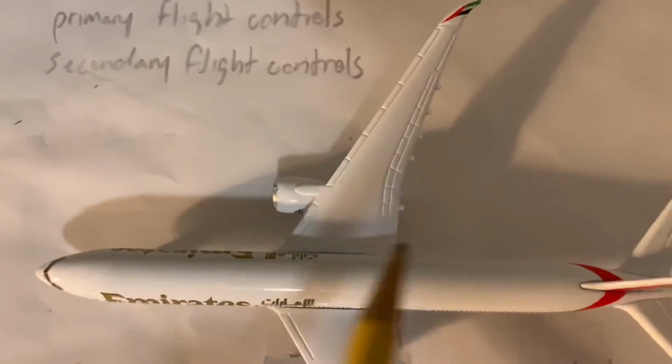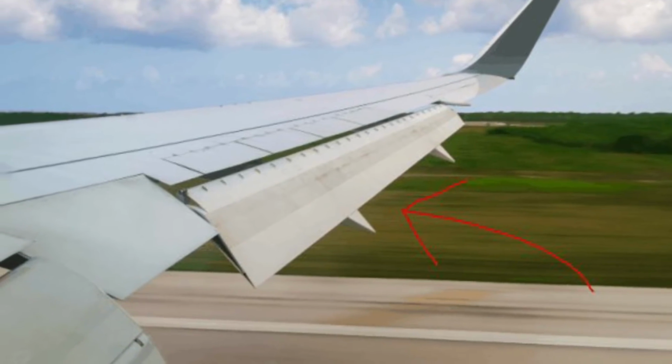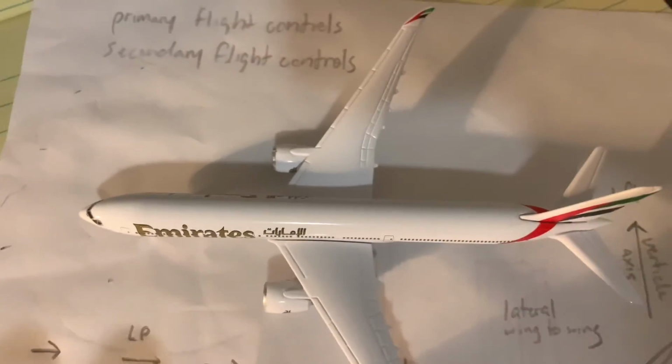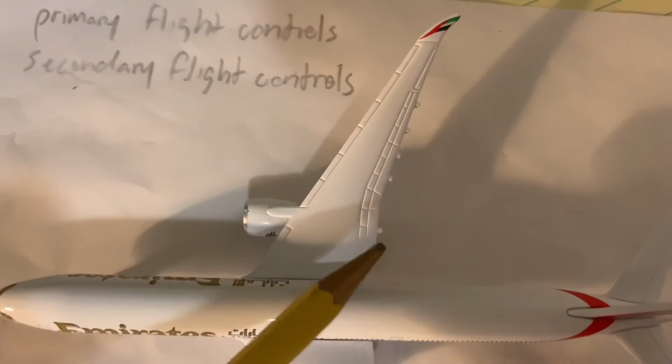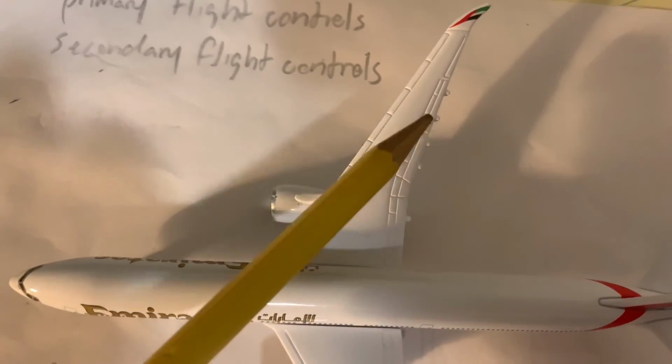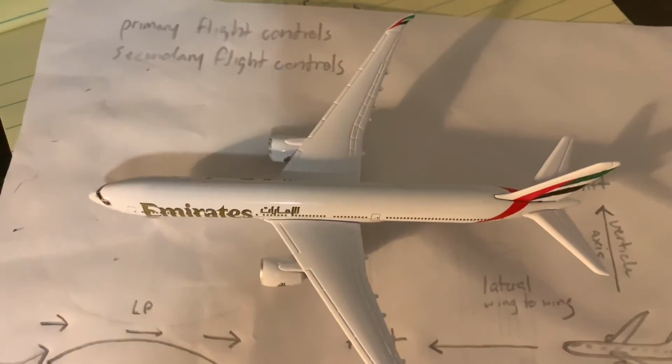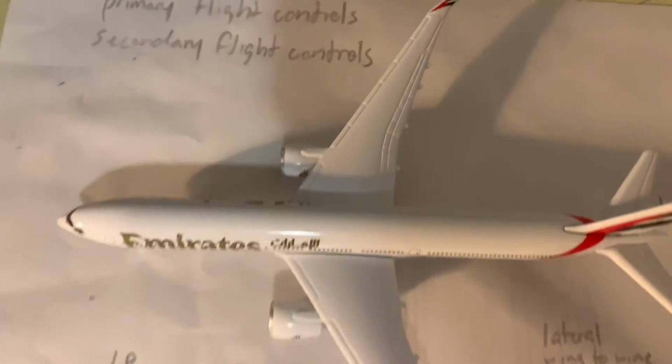So these guys in the back here are flaps. Basically, you'll see them when you're landing. All of these guys are called spoilers. It's the big part of the wing that comes out and looks all scary like a Terminator.